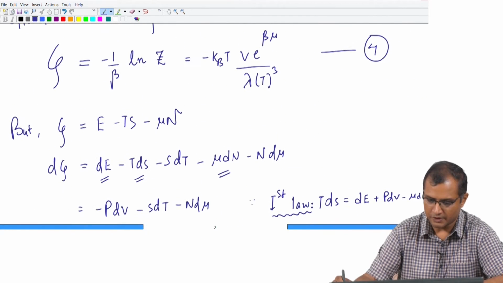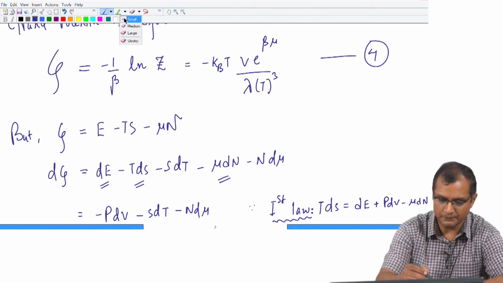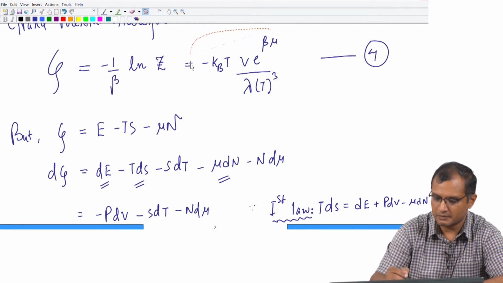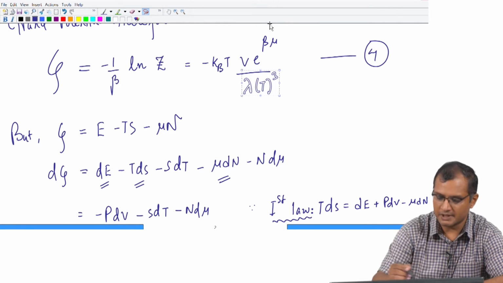Okay. So, if you have the expression with you, you can compute all these things.